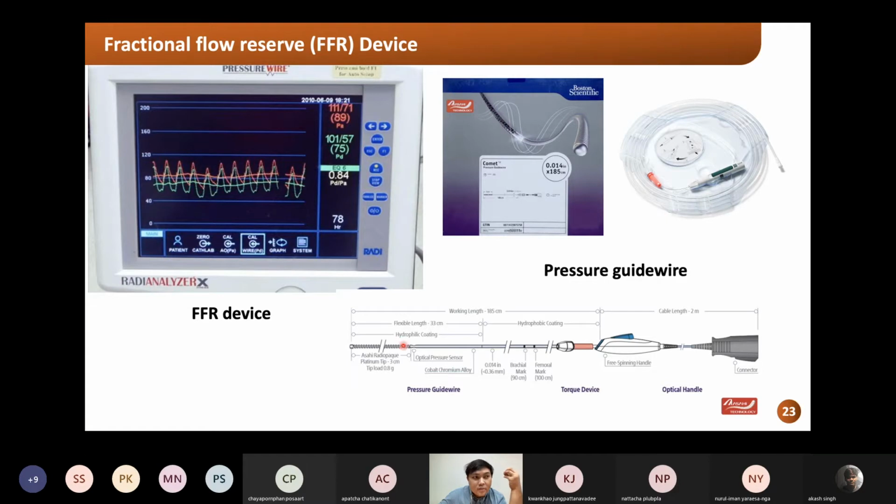The proximal part is inserted into the patient across the lesion, and the distal part connects to this instrument, and it can evaluate the difference of the pressure. You can see there is a pressure guide wire, and at the tip it is composed of an optical pressure sensor. The signal is sent to this module, converted, and sent back to this machine. It's just a brief principle.